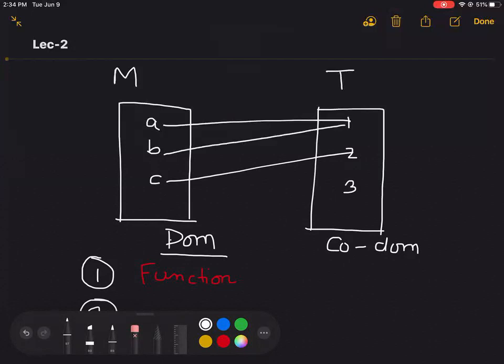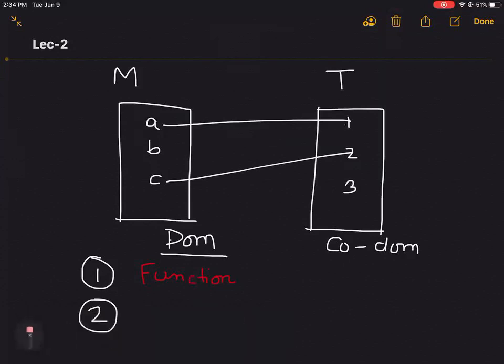Oops, sorry. I've just used the same example. Let me remove this. Sorry. So B is related to 3. Okay. B is related to 3. And A is also related to 2. Okay, now this makes sense.